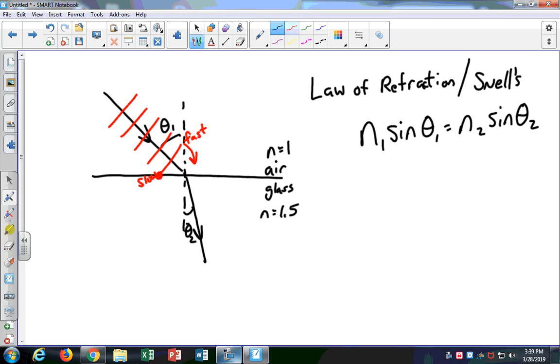So if I know theta 1, for example, if theta 1 was equal to 30 degrees, I can figure out theta 2. Hey, this would be a good free response question. I could ask you to calculate theta 2 and also to draw the diagram. So I would have 1 times sine of 30 equals 1.5 times sine of theta 2. And then it's just solving for that.